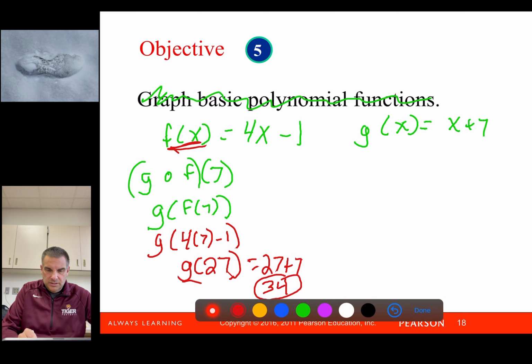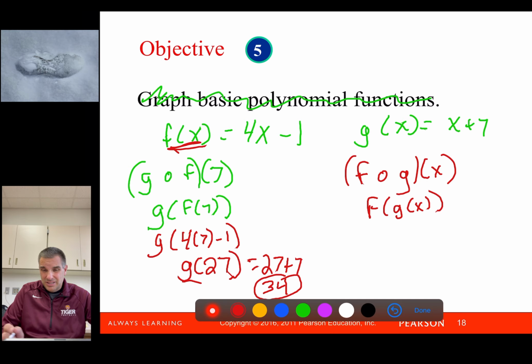The last one, let's find f of g of x. So the first thing I'm going to do is rewrite it. I've got no numbers to substitute in this time, so I know g of x is x plus 7. So that means I'm going to find f of x plus 7.